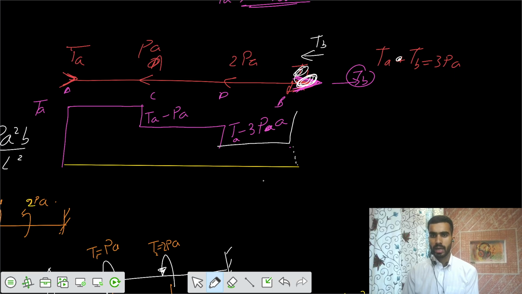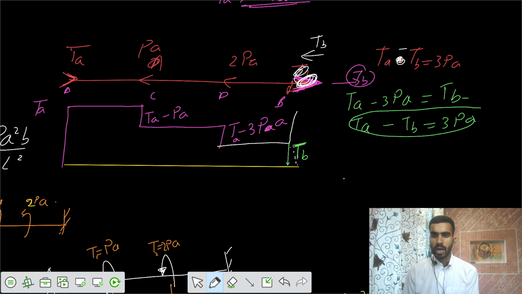Then that means I would write TA minus TB equals 3PA. If that is possible here, let's have the final value as some value of TB. Then I would write TA minus 3PA equals TB, so I could write TA minus TB equals 3PA.